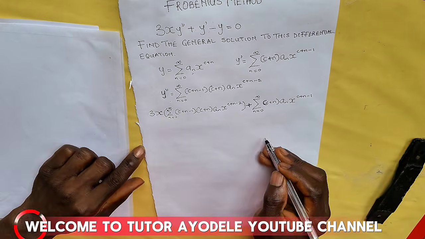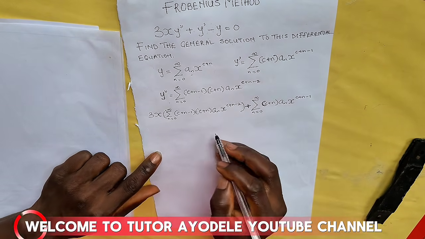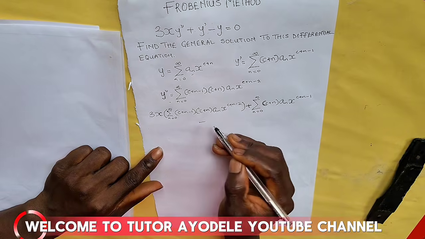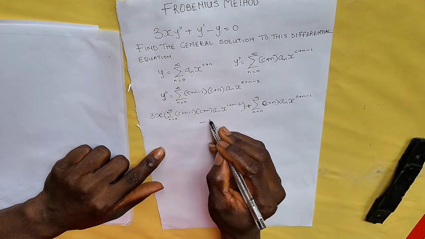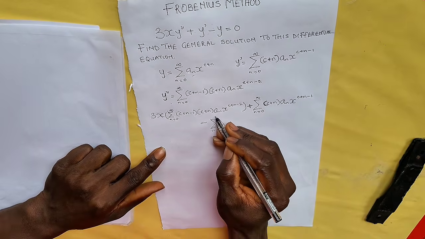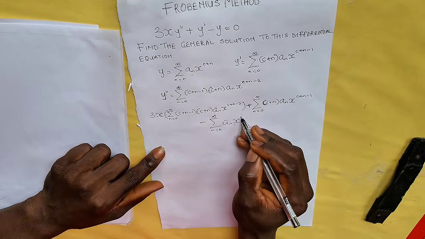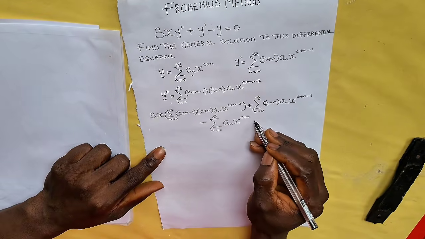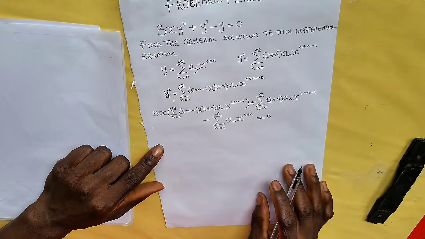Okay, now minus y. So there's no space there, so let me write it here, minus y. So y is given as this: summation of n equals 0 to infinity of a_n x^(c+n), which is equal to 0. All right, so that's what we have.